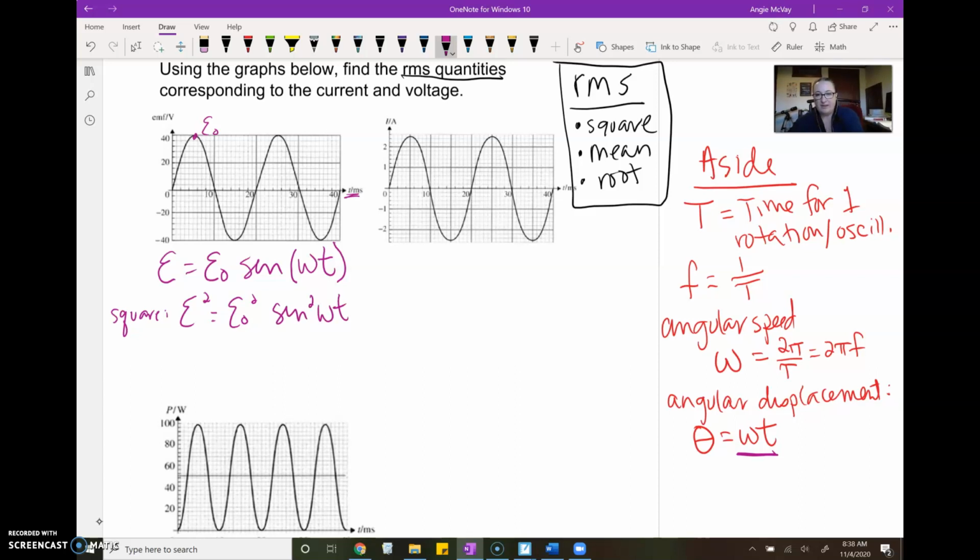Okay, and then we've got a handy dandy little trig identity that I know you love trig identities. So sine squared omega t is equal to 1 minus cosine 2 omega t over 2.